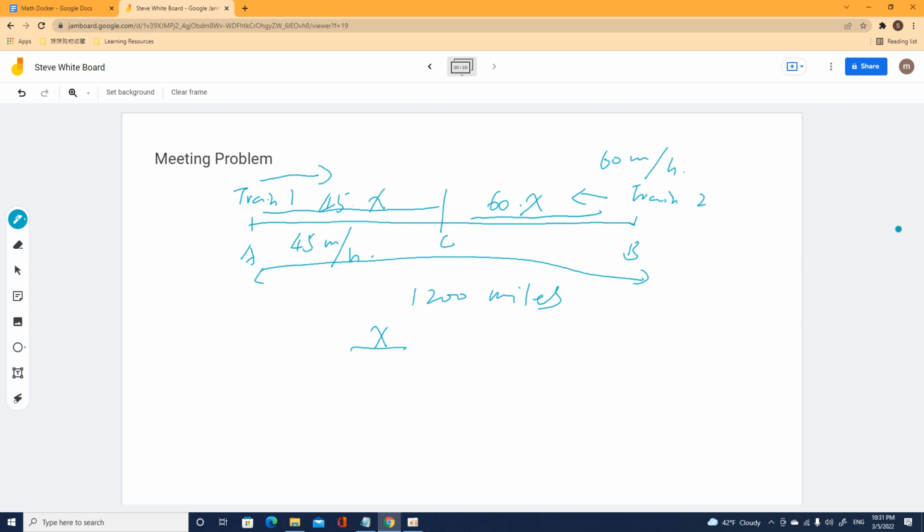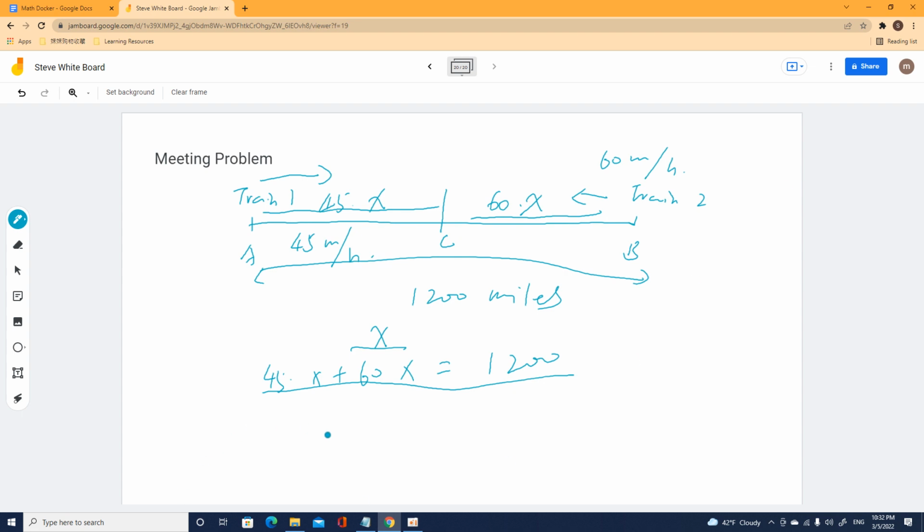So we get the following expression: 45x plus 60x equals 1200. I think it is easy to understand. Similarly, in order to solve a meeting problem, you also need to draw a diagram, and this will help you understand the problem.